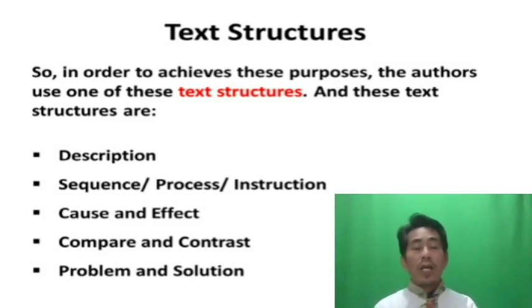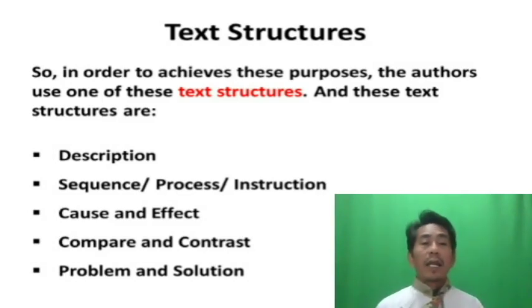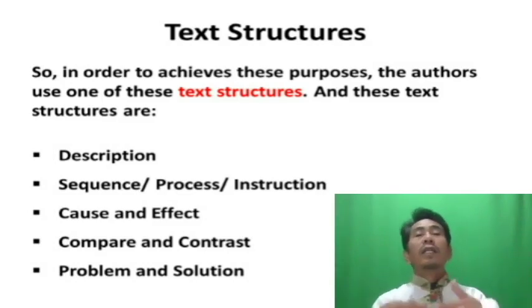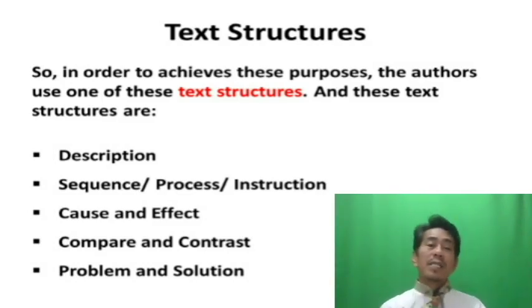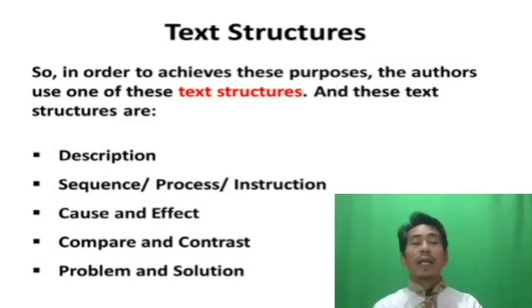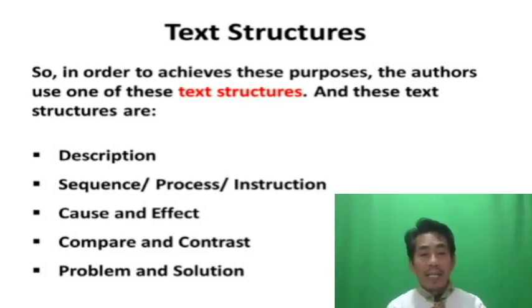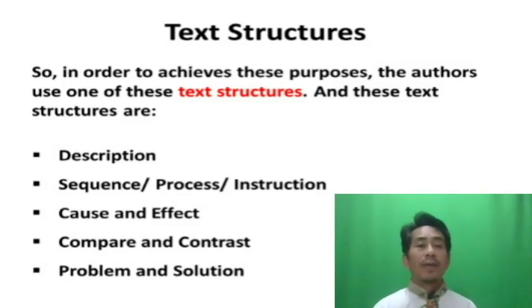Okay, students. So these text structures can also be applied in all the books, whether it is in Tibetan or English or Hindi. Right? So whenever you come across any kind of text, please try to identify these text structures. Now, I'm just going to give you one small assignment.